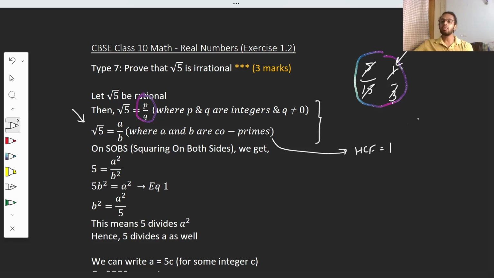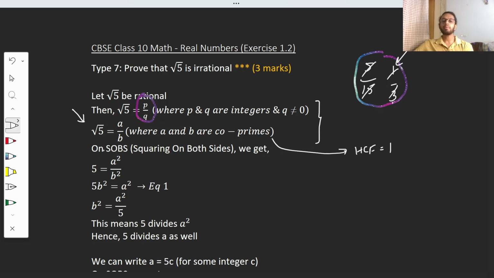In some schools, they may directly go to this step, equals a by b. In some schools, they will teach p by q. Kindly follow whatever is taught in your school. But in the board examination, either of these will be accepted.